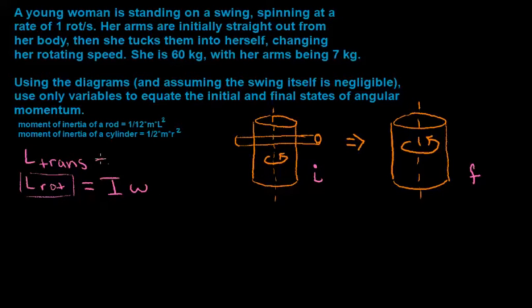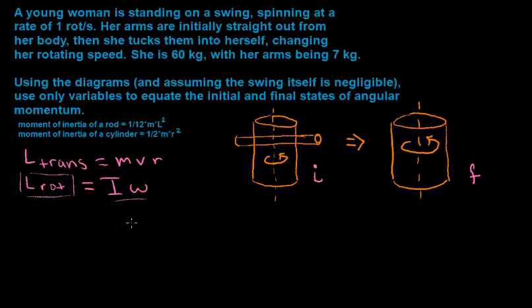And we might as well write out the translational angular momentum as well, which is just mass times velocity times the radius of rotation. But anyways, we're just going to be using this equation down here for rotational angular momentum.